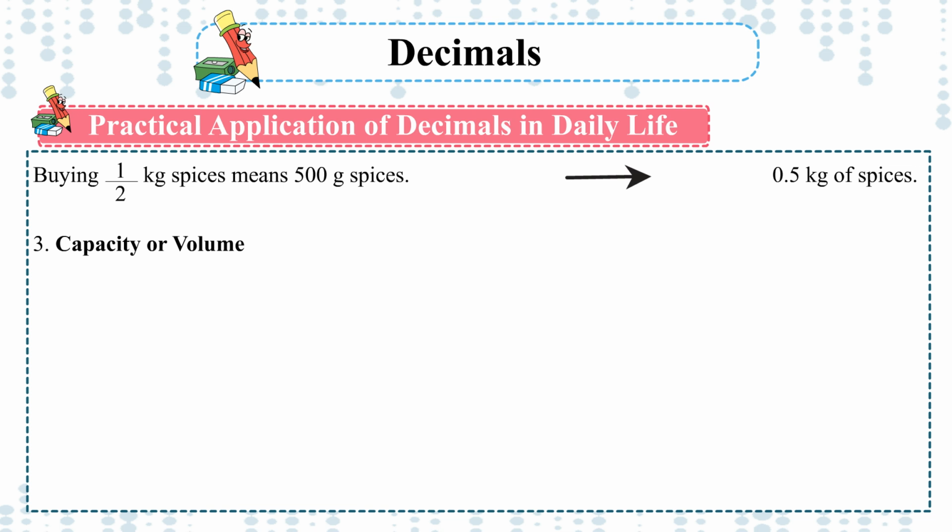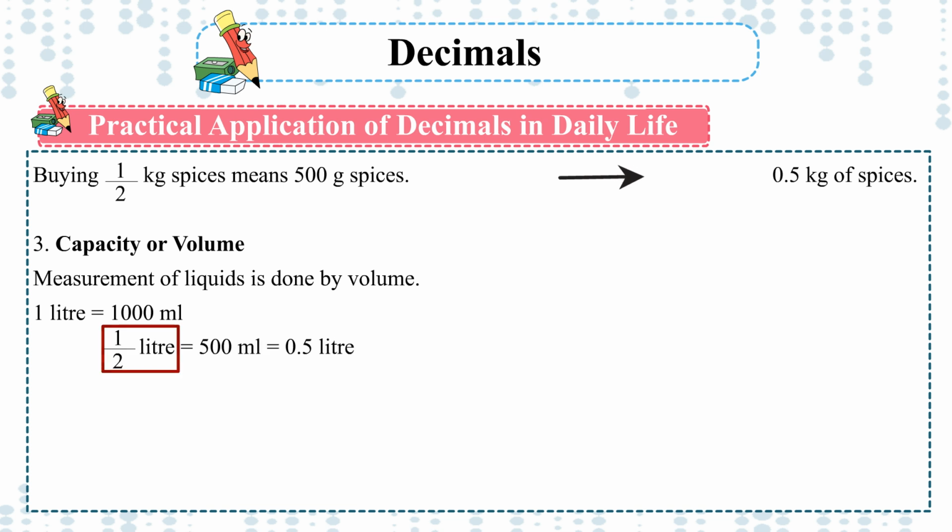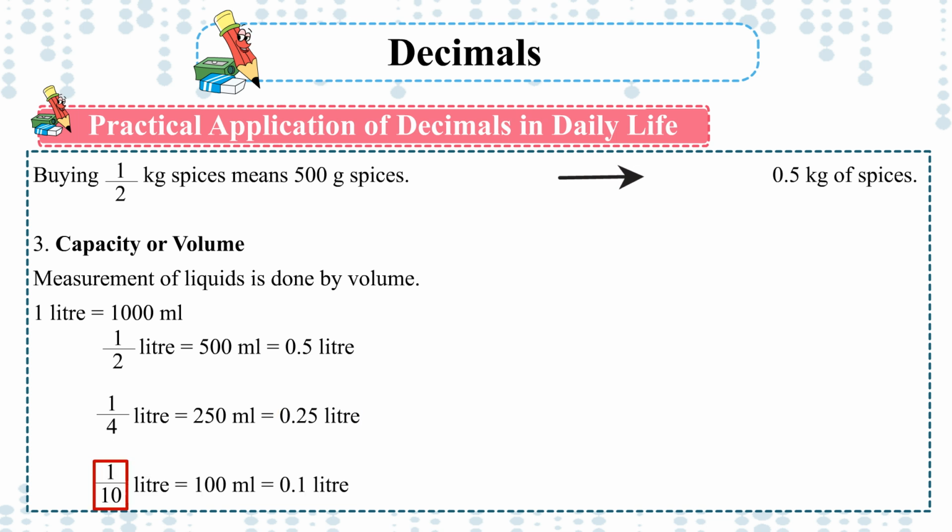3. Capacity or volume. Measurement of liquids is done by volume. 1 liter is equal to 1000 milliliters. 1 upon 2 liter is equal to 500 milliliters, equal to 0.5 liter. 1 upon 4 liter is equal to 250 milliliter, is equal to 0.25 liter. 1 upon 10 liter is equal to 100 milliliters, is equal to 0.1 liter.